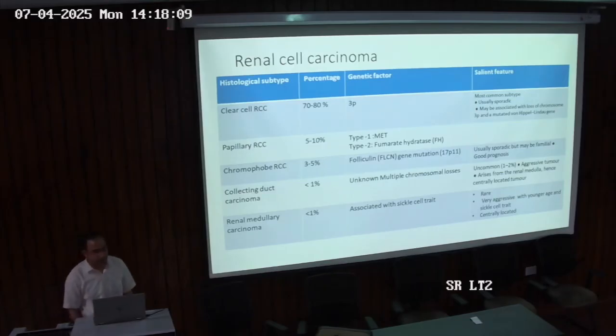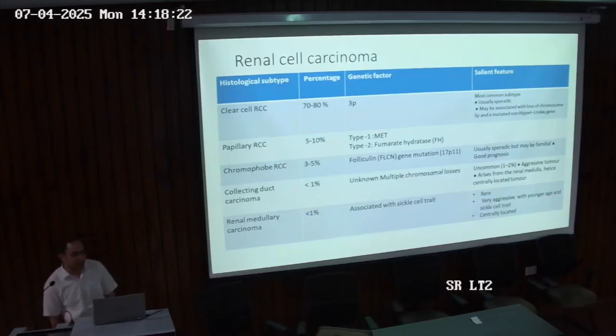Collecting duct carcinoma, also known as Bellini duct carcinoma, is also an aggressive tumor arising from the renal medulla. So this is a centrally located tumor, because the rest of the tumors are in the cortical location, while this tumor is in the medullary location. A mass in the central part of the kidney is collecting duct carcinoma.